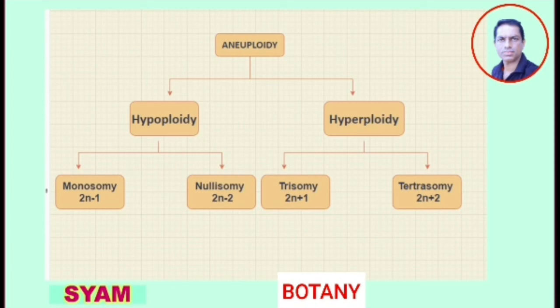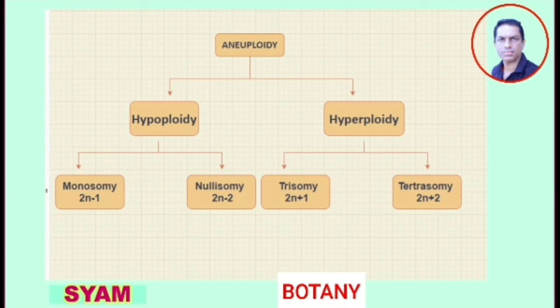Diagrammatic picture: aneuploidy means a loss or gain of individual chromosomes or a pair of chromosomes. Such an organism is called aneuploid. When an individual chromosome or a pair of chromosomes is lost, the organism is called hypoploid. It may be one chromosome lost, leading to monosomy, or a pair of chromosomes lost, and the organism is called nullisomic.